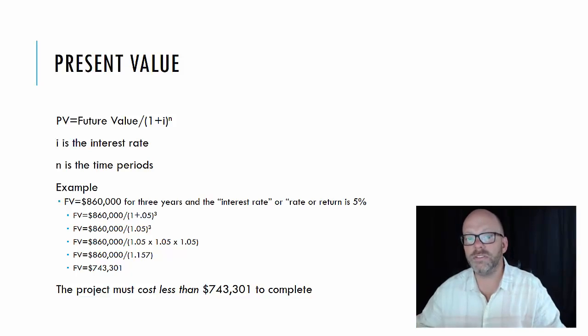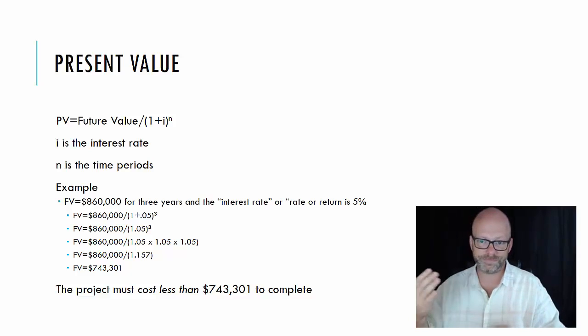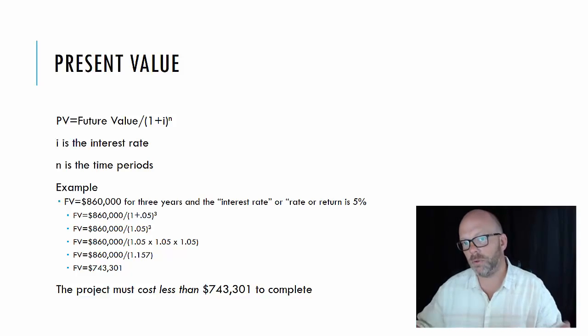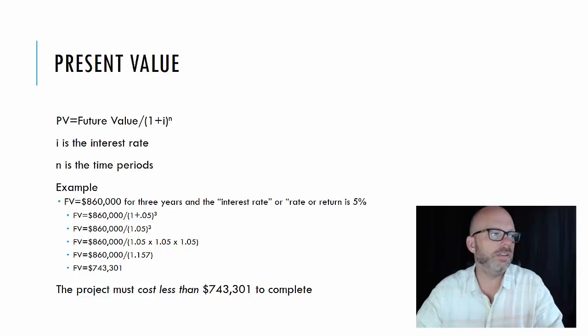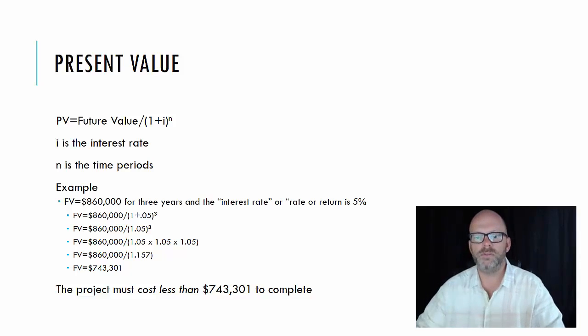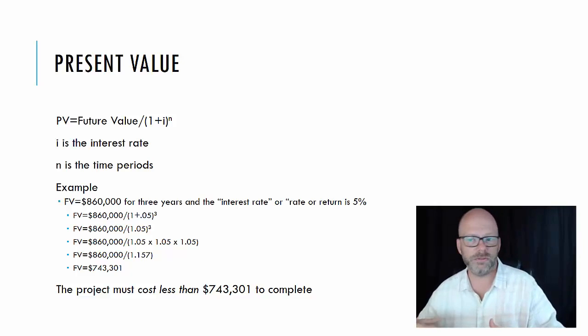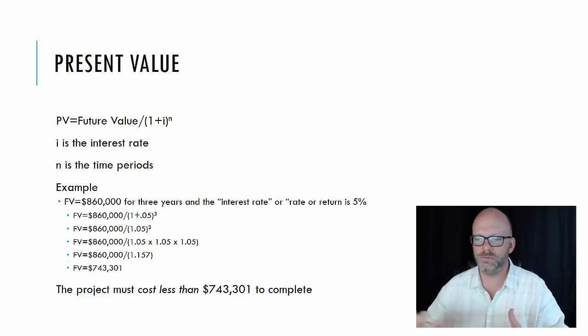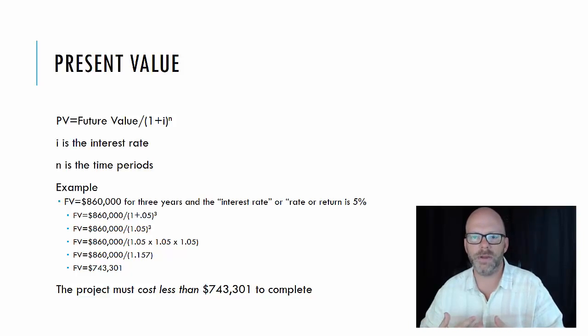So I would say $860,000 divided by 1.05 to the power of 3, do the same math, and then I'm dividing instead of multiplying, would be worth $743,301. So if I were going to invest in this project, your project would have to cost less than $743,301 to be a valuable investment.